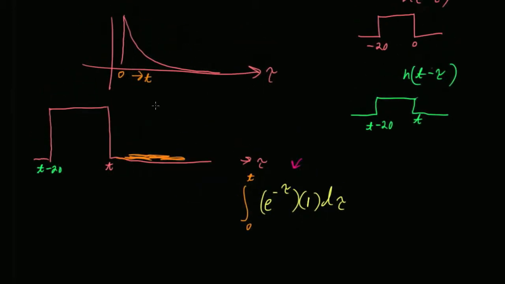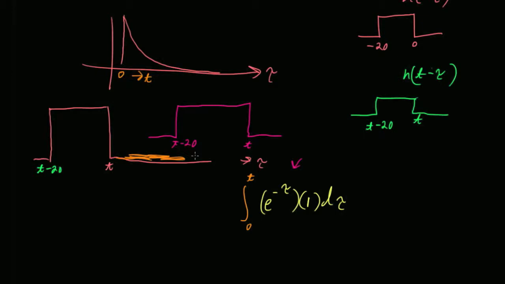This is still t minus 20, and this is still t, but I'm using a bigger value of t. Like now let's say t equals 25. Can I do this? If it's 25, wouldn't it be all 0? No. I can take this function and multiply by this function. You've got to change your integral, though.